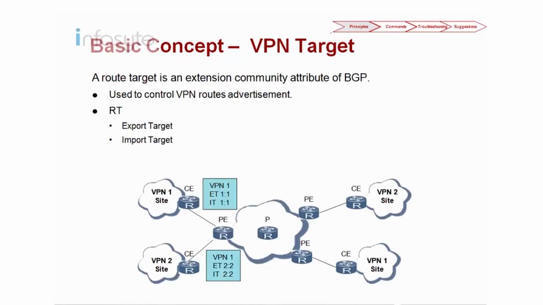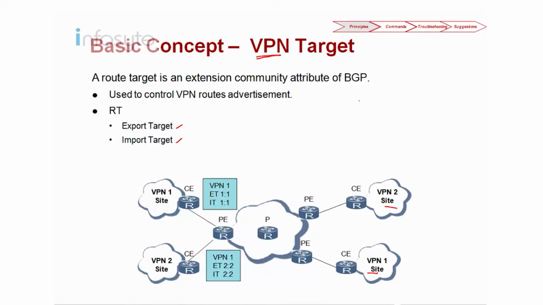Then the next one is the VPN target. For the VPN target, we have an export target and an import target. This target is very important to tell which VPN site, site 1 or site 2, can receive the route.